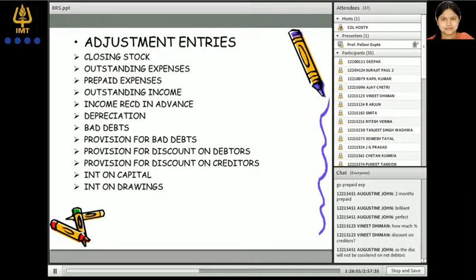John, what you are saying, the discount will not be considered on net debtors. Net debtors will come after the reduction of the discount only, no?